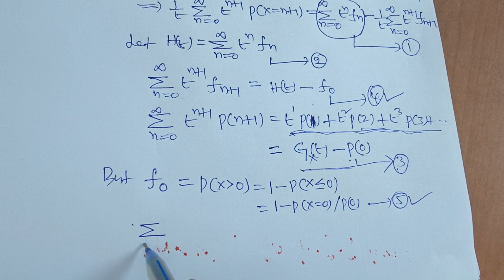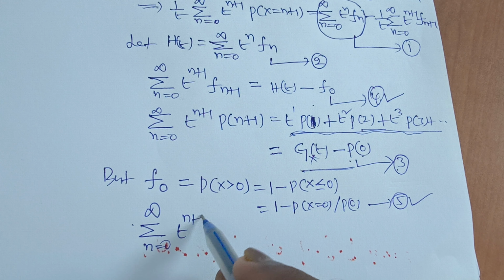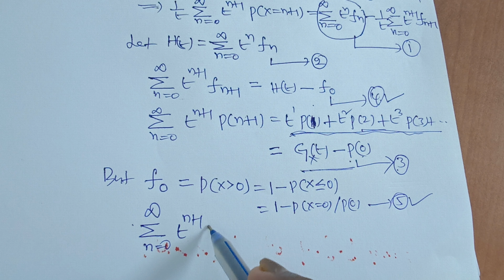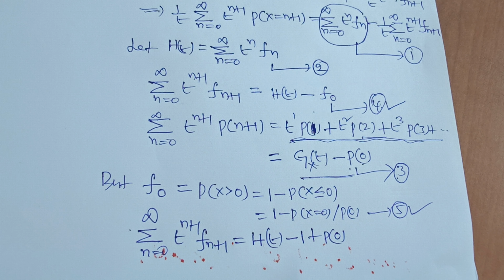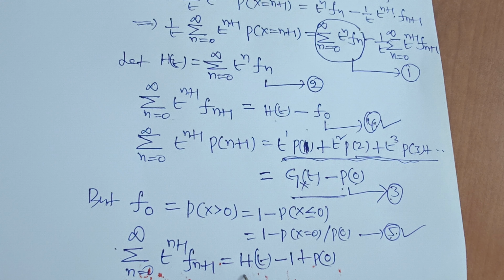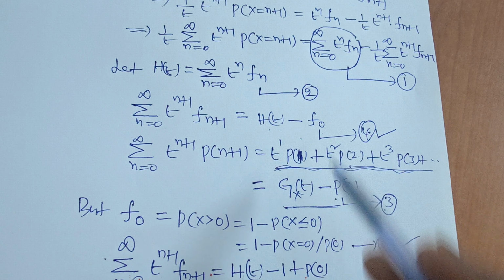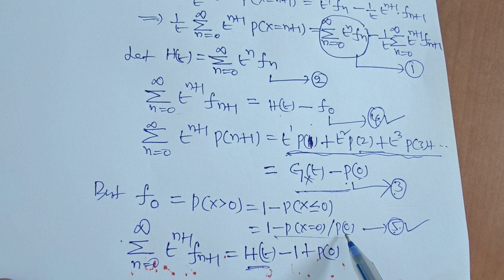summation n equals 0 to infinity t^(n+1) f_(n+1) is equal to t h(t). The f_0 value, from equation 5, is 1 minus P(0).